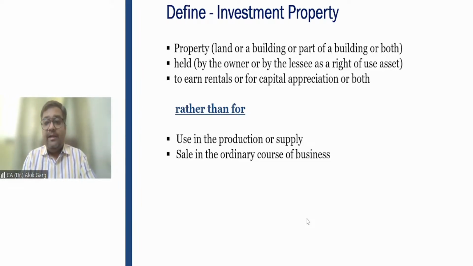Probably they purchased this land 100 years ago, 50 years ago, at a cost of, let's say, 10 lakh rupees or 1 crore rupees. Today, the value of that land is more than thousands of crores. So the capital appreciation is like 1,000 times or 5,000 times.